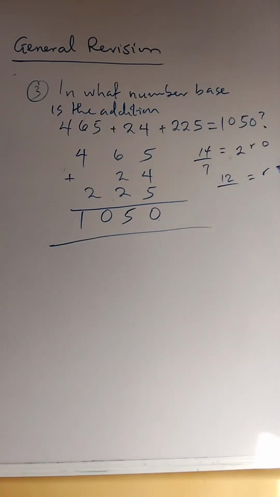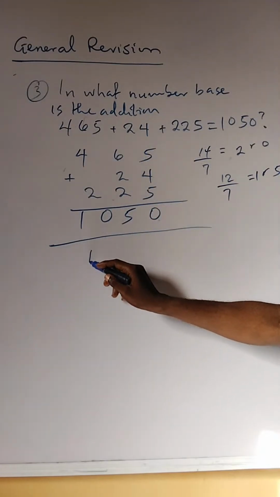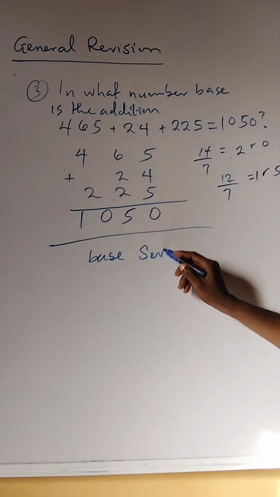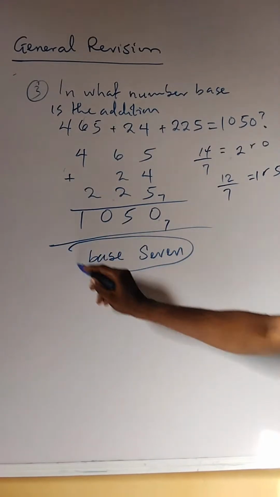When we put the 7 here, 7 goes in one time. That's 1 remainder 5, which is exactly right. So we don't need to work further and stress ourselves. The base here, in which the addition is done, is therefore base 7. So this addition is done in base 7. That is the final answer.